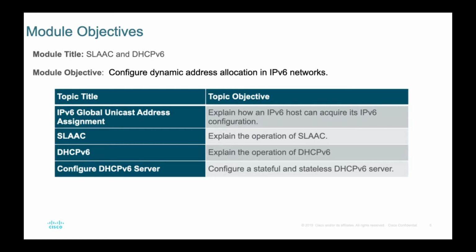First, IPv6 Global Unicast Address or GUA. Compared to IPv4, we have a public IP and a private IP, which means a public IP is routable in the internet, but a private IP is unroutable in the internet.